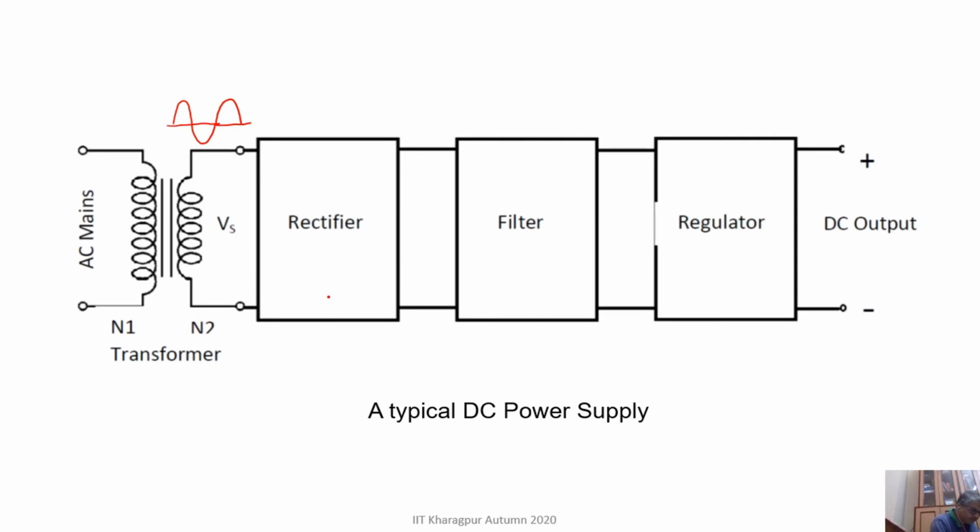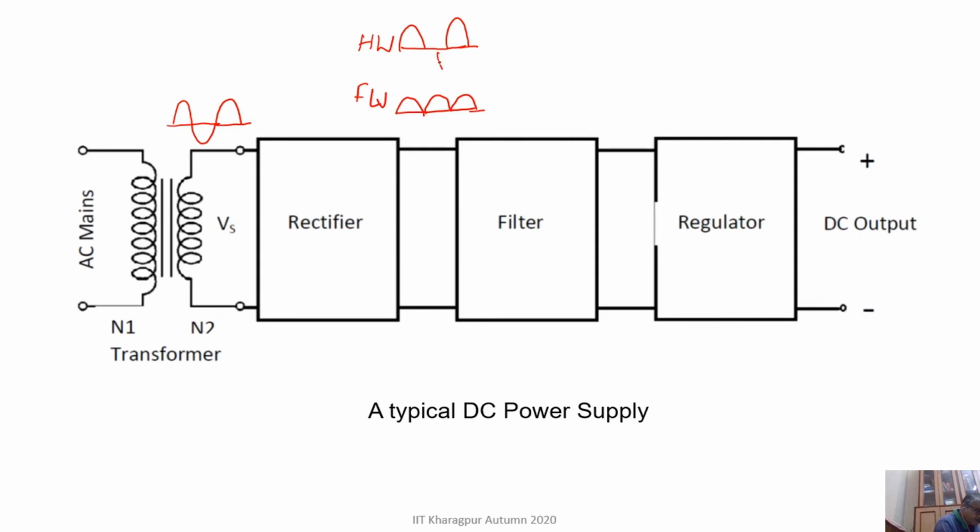After the rectifier, if it is a half wave rectifier, then the output will be like this. If it is a full wave rectifier, then the output will be like this.